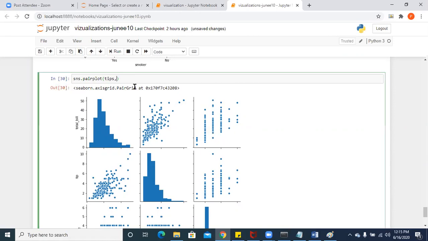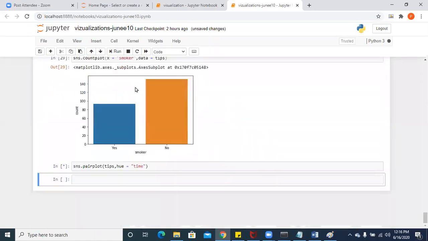And you can also compare it with some other categorical feature. So how can you do that? You just give hue is equal to time. Just execute this.